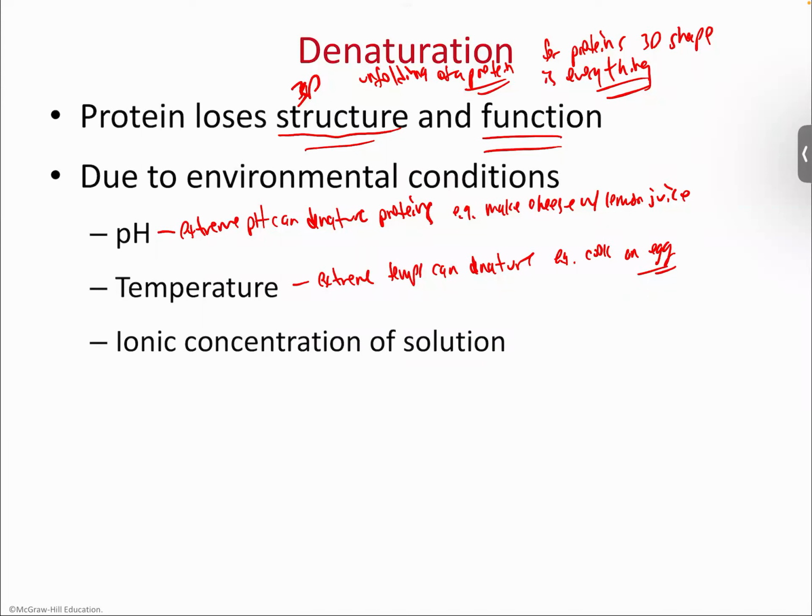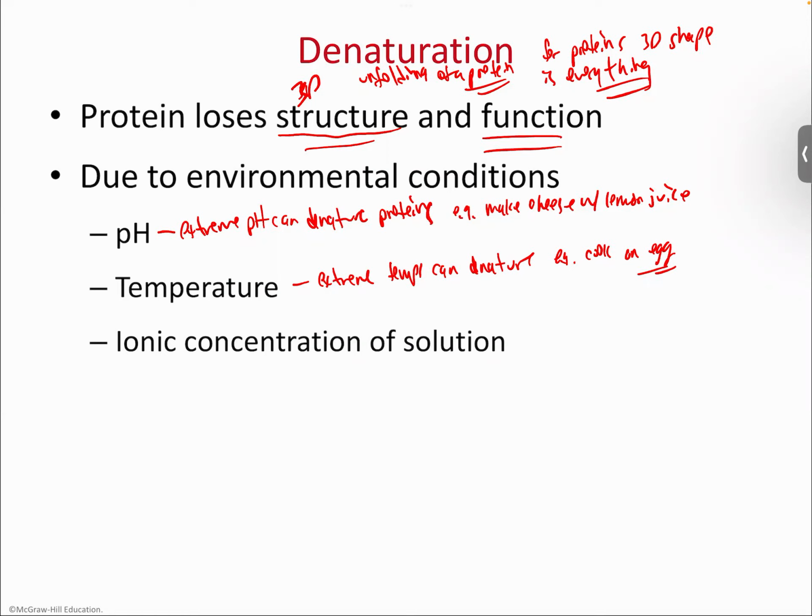They get tangled up hopelessly, and you can no longer refold them, and that becomes that opaque white egg white. That's basically what happens when you're cooking: you're denaturing proteins. If you have really strong salt concentrations, you can denature a protein as well, but those typically are harder to come by. So usually what you see in denaturing is pH and temperature. Those are the big two.